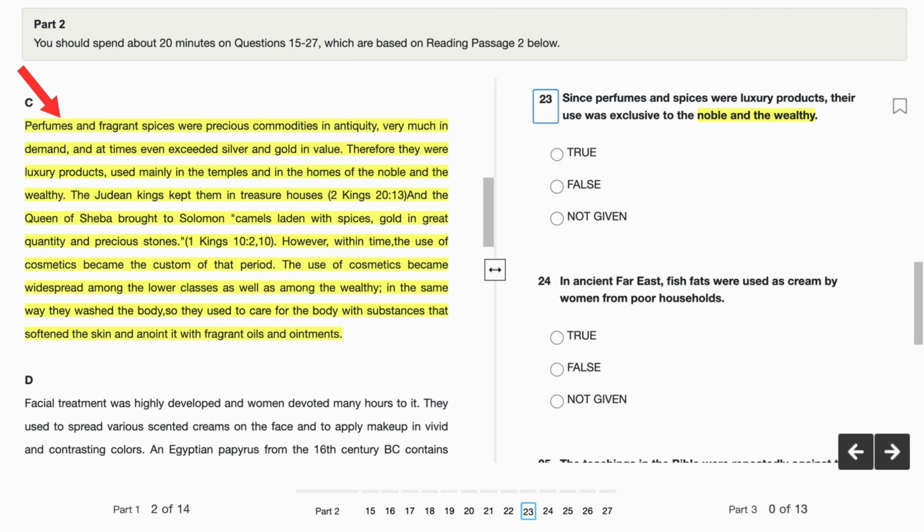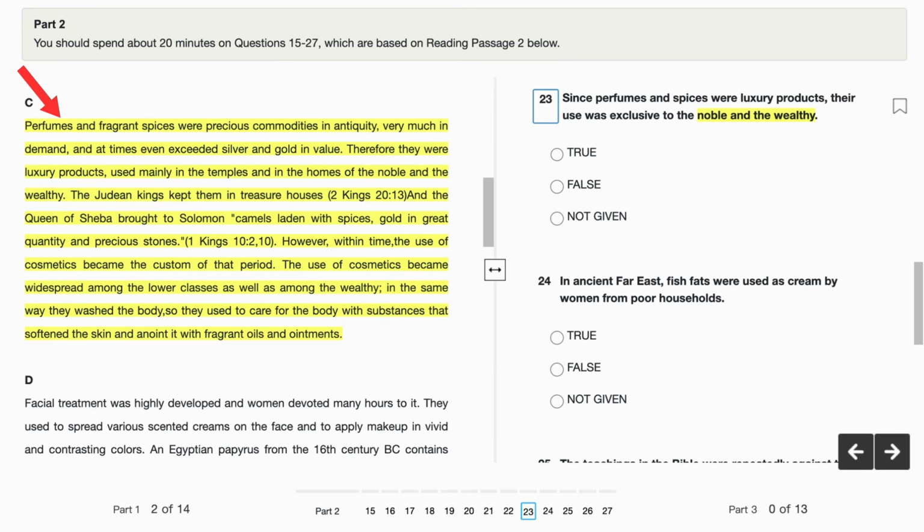Perfumes and fragrant spices were precious commodities in antiquity, very much in demand, and at times even exceeded silver and gold in value. Therefore, they were luxury products, used mainly in the temples and in the homes of the noble and the wealthy. The Judean kings kept them in treasure houses, and the Queen of Sheba brought to Solomon camels laden with spices, gold in great quantity, and precious stones.